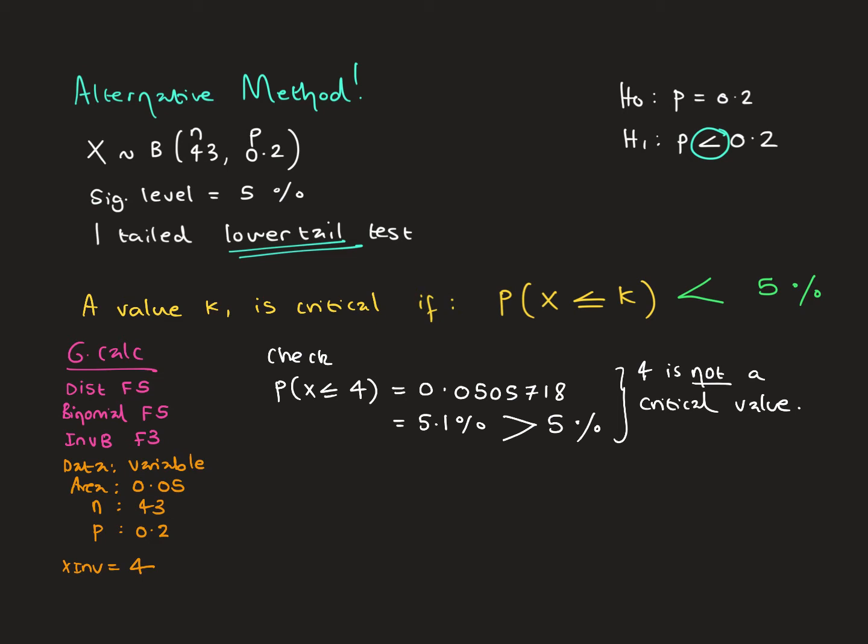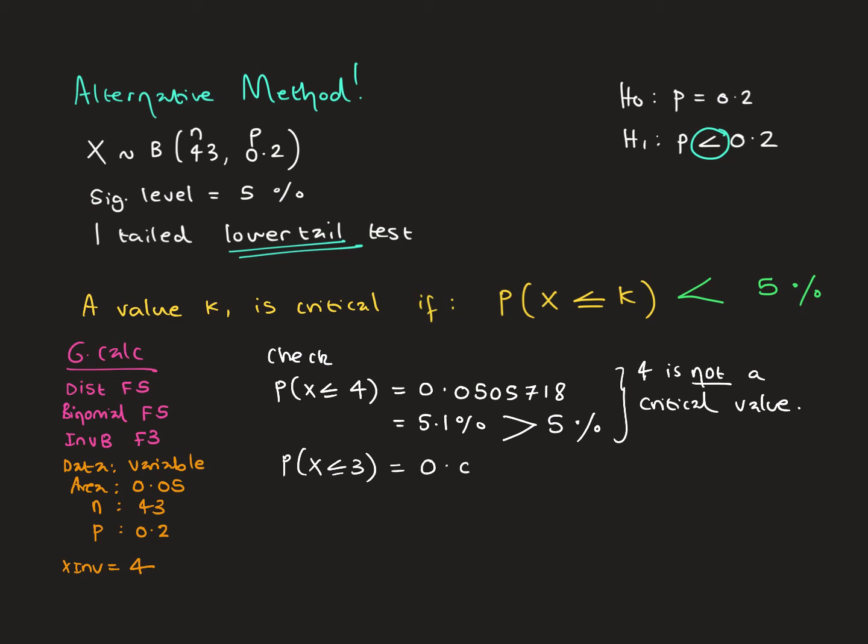So 4 is not a critical value, which means anything above 4 will also not be small enough to be a critical value. But if we check the probability that x is less than or equal to 3, well, we have actually worked out that probability already, but let's write it down again.